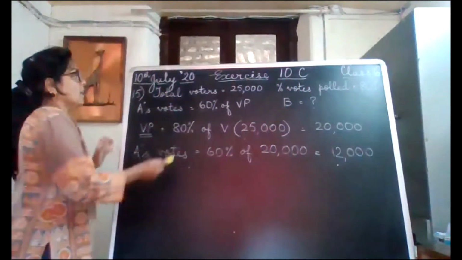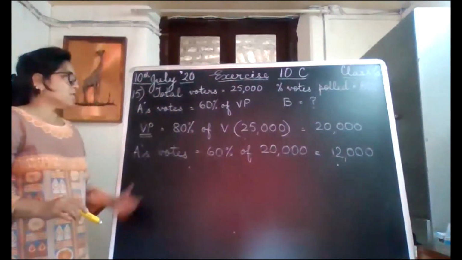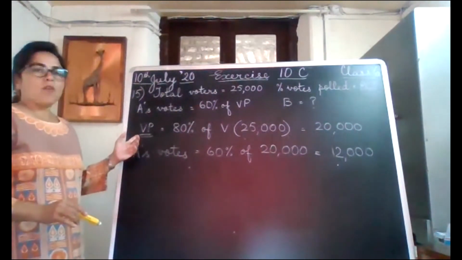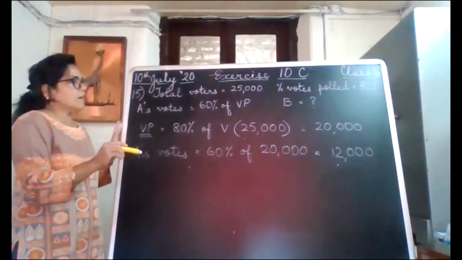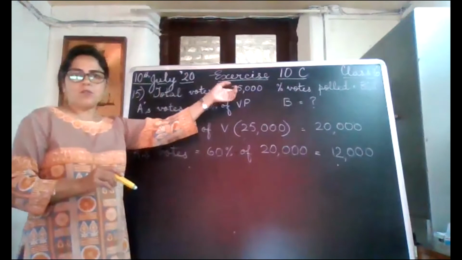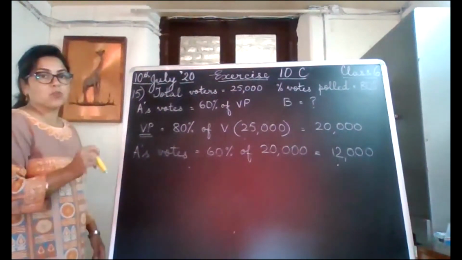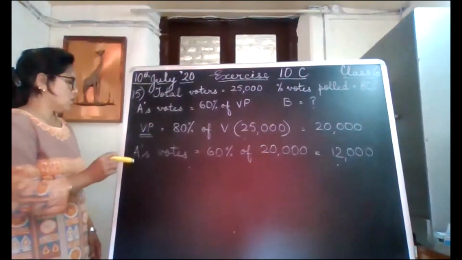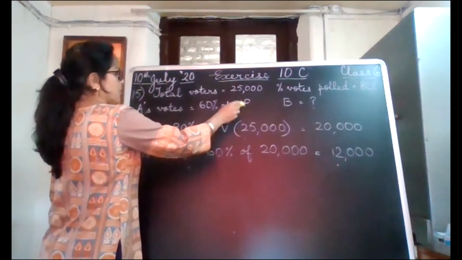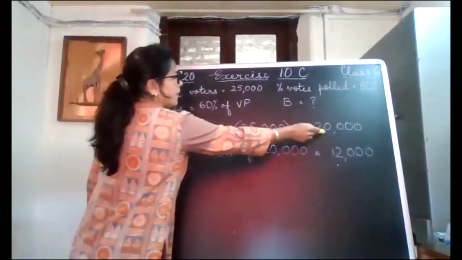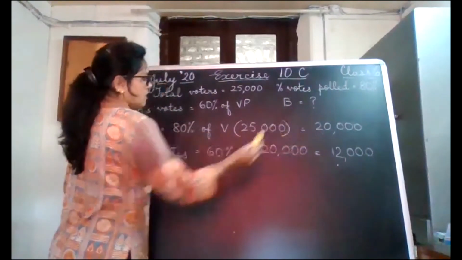Now if you see, we are not using this anywhere now. Okay, once we got the number of voters who polled or voted, we are not looking at this 25,000 at all. Okay, so that is what you have to be careful about, which numbers you are taking into account. So A's votes will be 60% of the votes polled, and the votes polled are 20,000. So it means 60% of 20,000, which is 12,000.